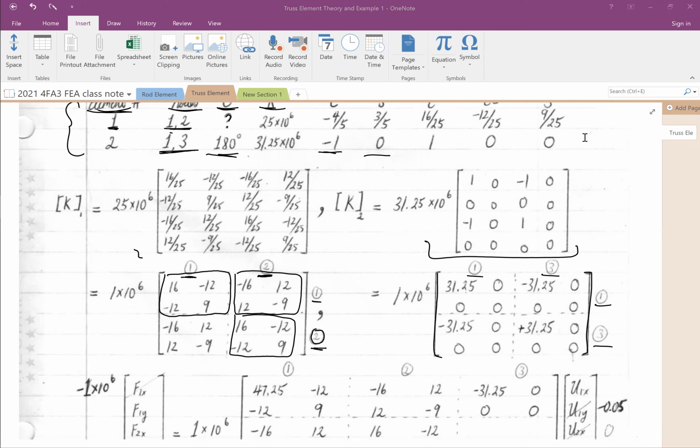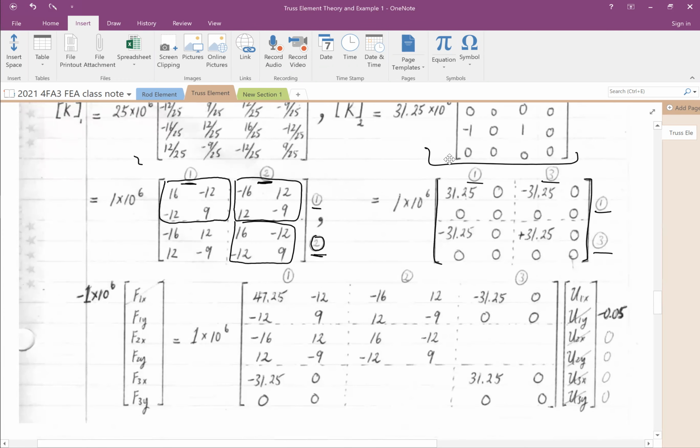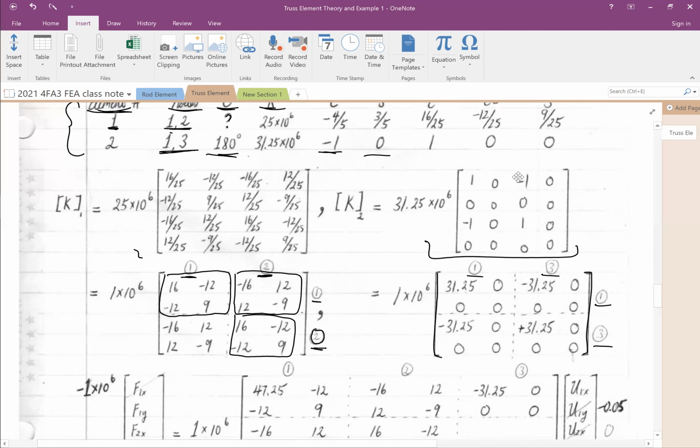Clear so far? What about the bottom left quadrant where you have -16, 12, 12, and -9, the ones you didn't square? Is that also the relationship between the two nodes? Two nodes, that's right. So we have 2 4x4 matrices.